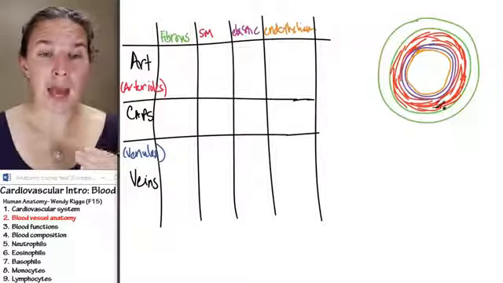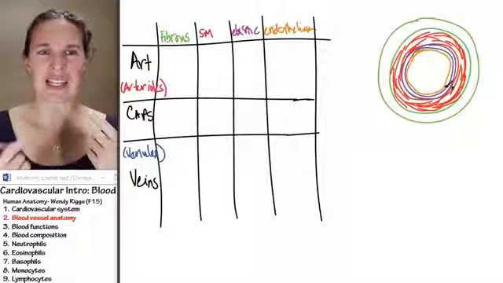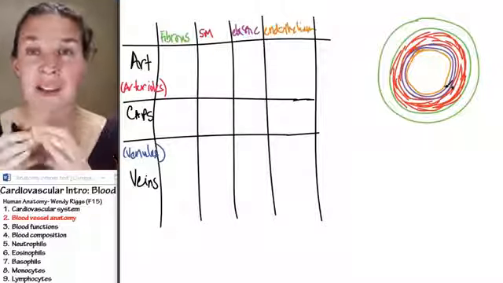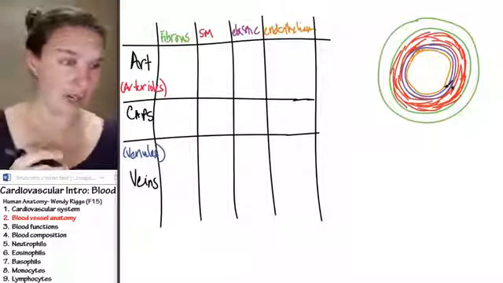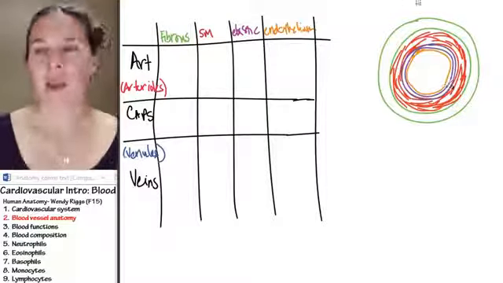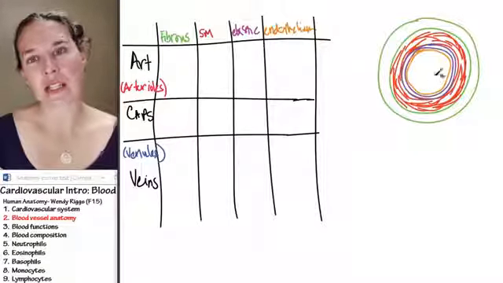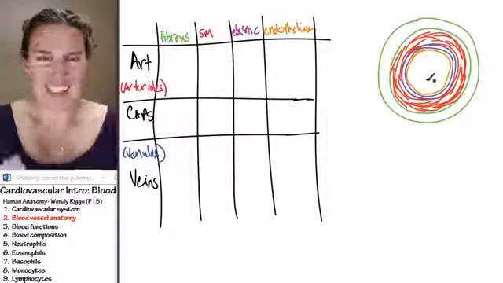Remember how we had epithelium lining our digestive system, but we decided that the lumen of the digestive tract was outside our body? Donut analogy, remember that? Well, endothelium lines blood vessels, and the blood vessel space is inside your body.